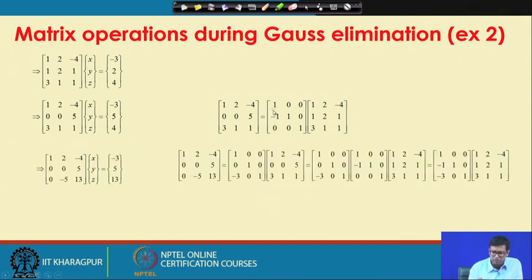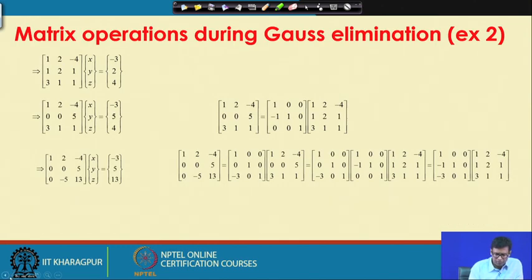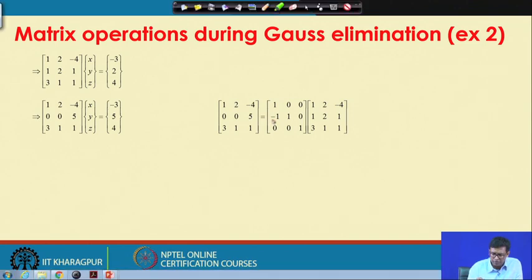That means the first row will be multiplied by -1 and will be subtracted from the second row, where we will get that.